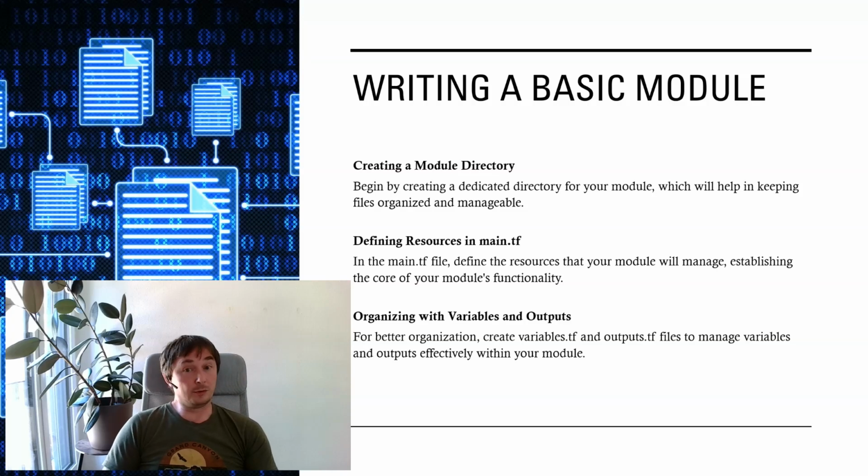And after that, you will organize the variables and outputs in separate files, or if you really want to, you can just bundle it all together into a single file. But then you will break the readability and maintainability idea of the modules, and someone will not be happy about you later on. Maybe it would be you yourself.